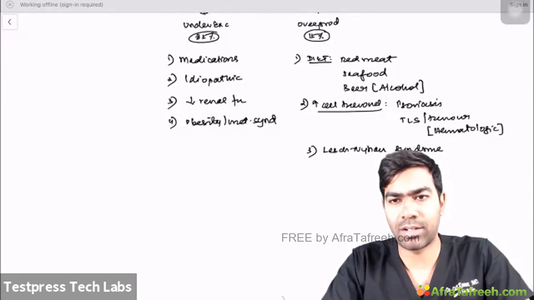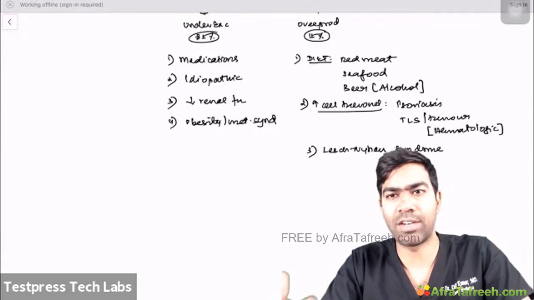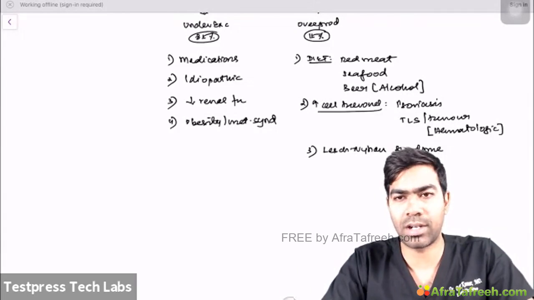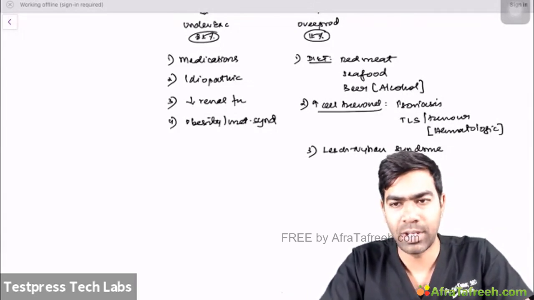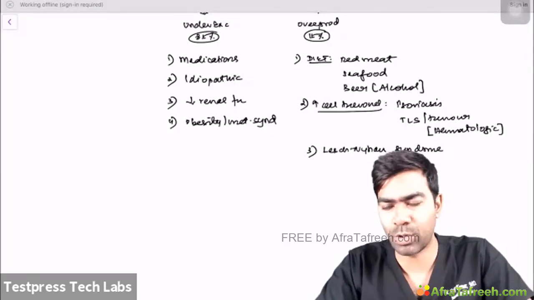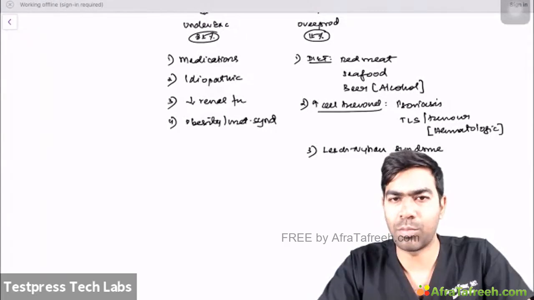So a patient who has hyperuricemia and related problems, having mental retardation and self-mutilation, usually in exams that diagnosis goes towards Lesch-Nyhan syndrome, but that's very rare. They don't really ask in exams, but still you can know a few points about Lesch-Nyhan syndrome also, which is a cause of overproduction of uric acid in the body.